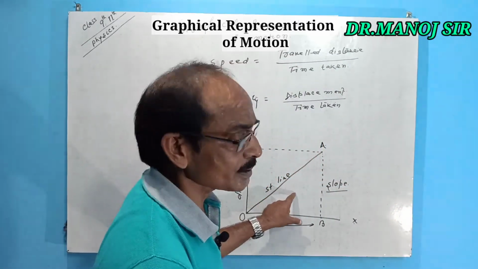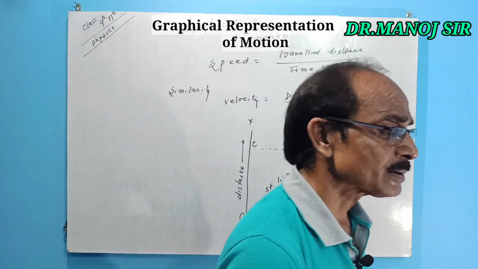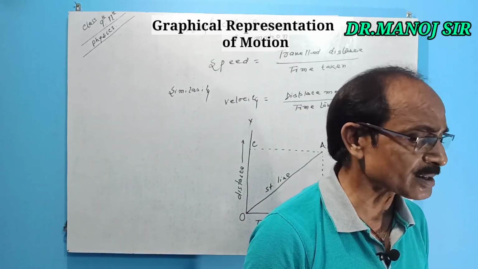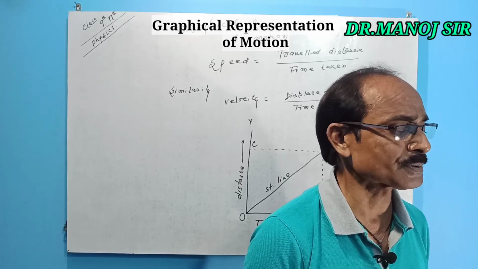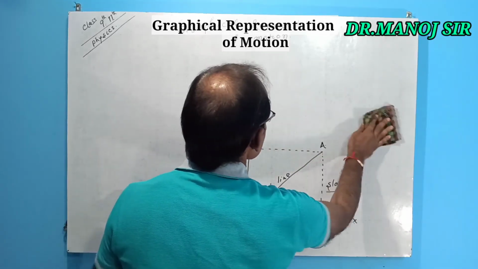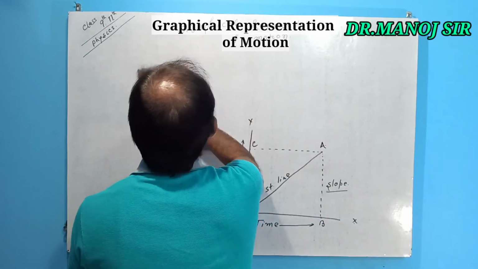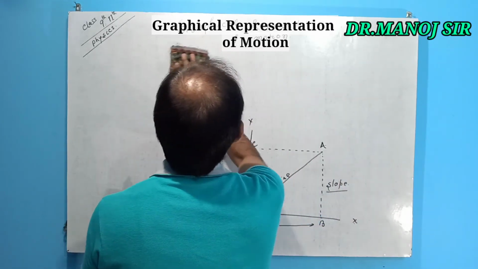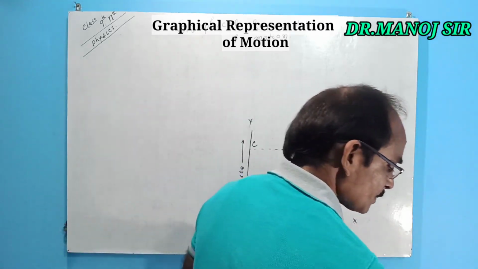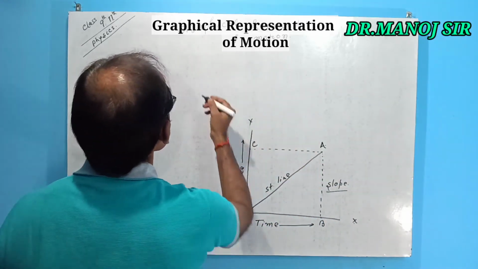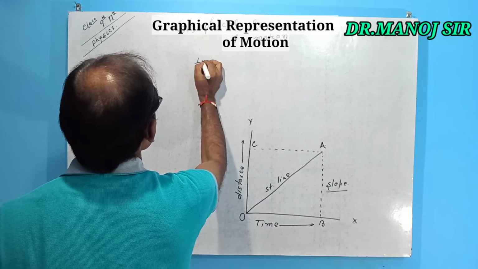This figure indicates the calculation of speed from the distance-time graph. Now I am coming to the graphical calculation from distance-time graph number 1.